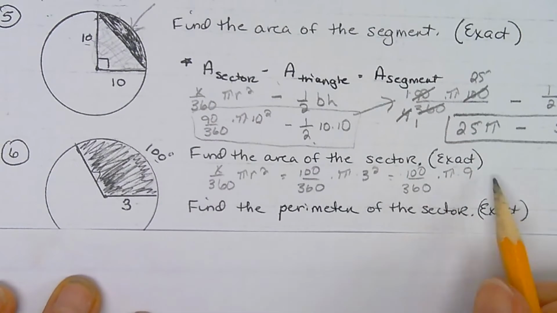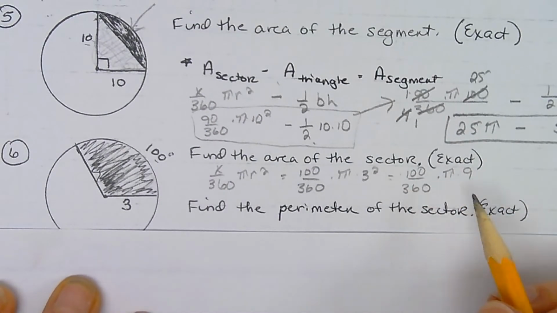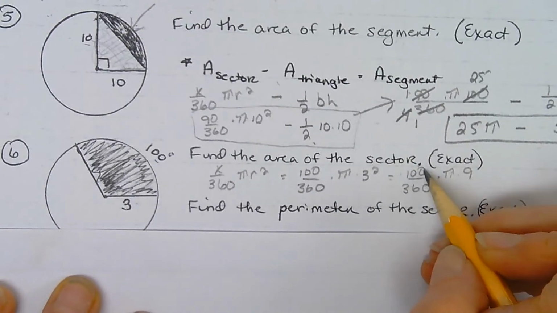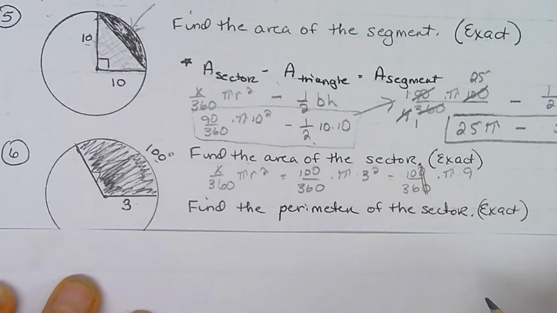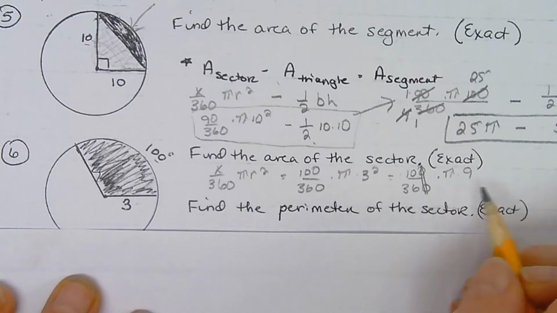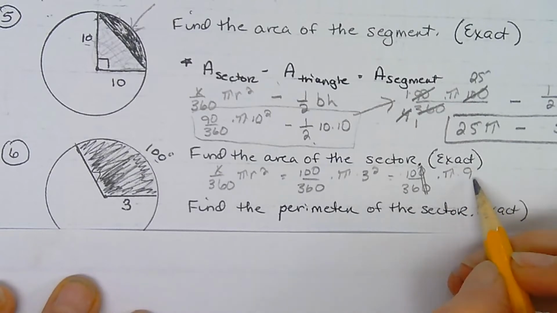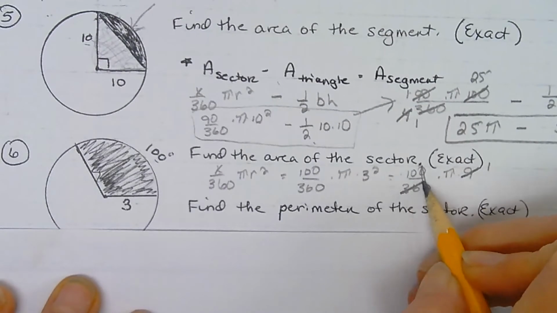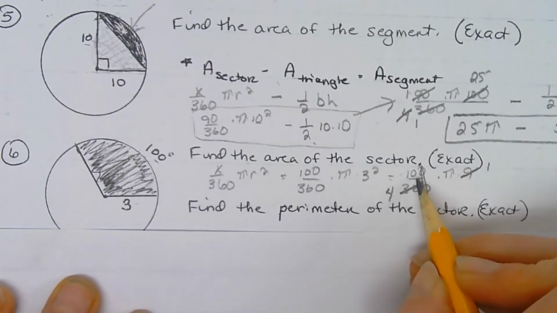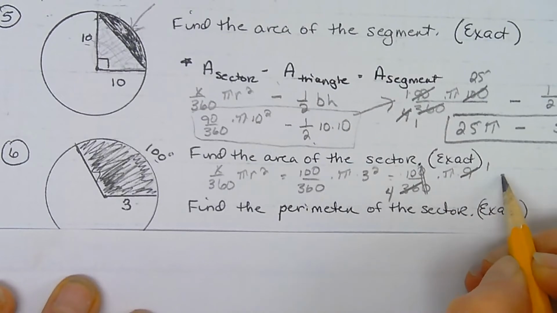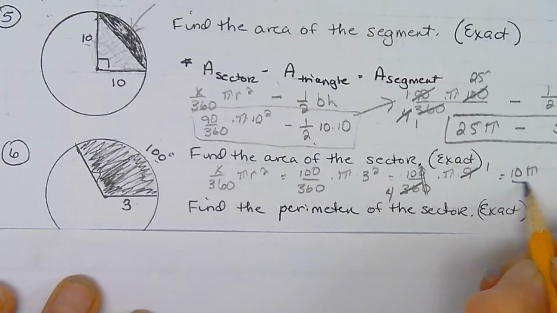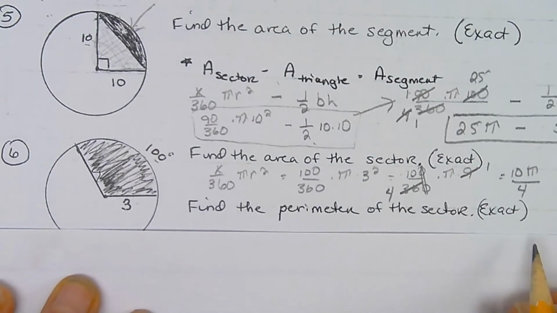And I'm going to do some canceling here to get my simplified answer. I can cross off some zeros. You can simplify any way you like, any order you like. And then 9 goes into 9 once, and 9 goes into 36 4 times. So I'm left with 10 times pi in the numerator and 4 in the denominator.